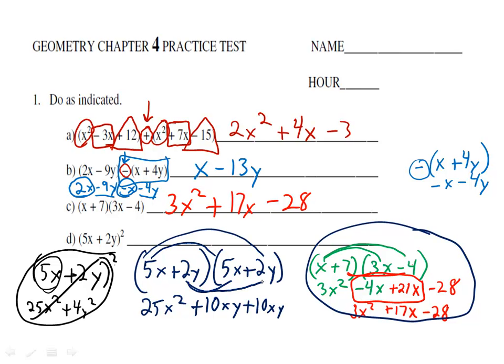And 2y times 2y is 4y squared. So if you do it this way that I told you not to do, you're going to end up with just these two terms. You missed the middle term. And you'll notice that they are like terms. So I can combine them. So our final answer here is 25x squared plus 20xy plus 4y squared.